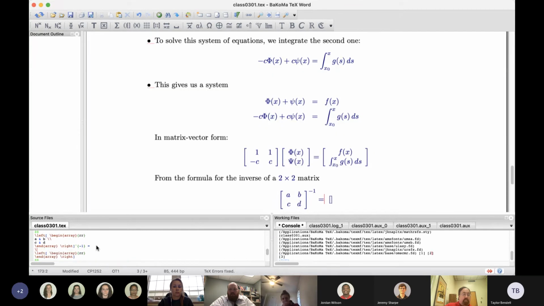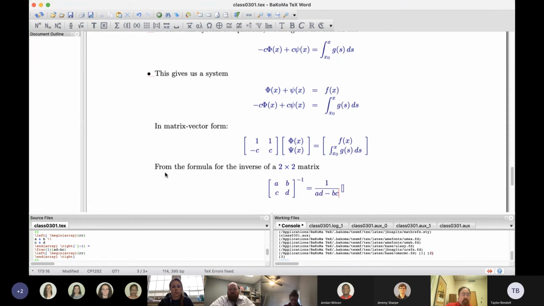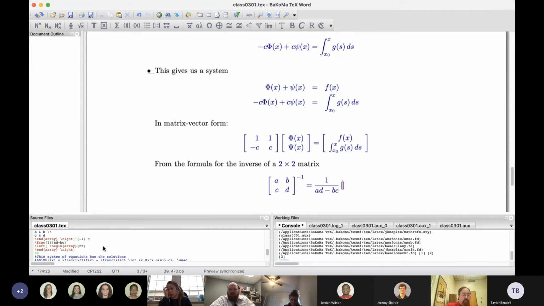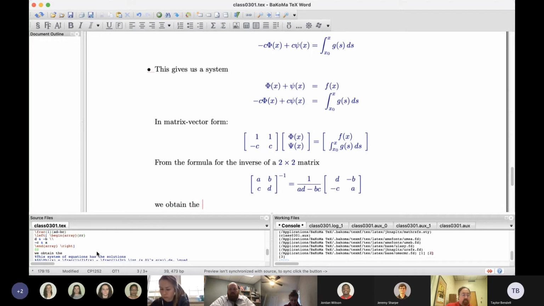All right, so we divide by the determinant, and then in the matrix itself, we swap the diagonal entries and negate the off-diagonal entries.